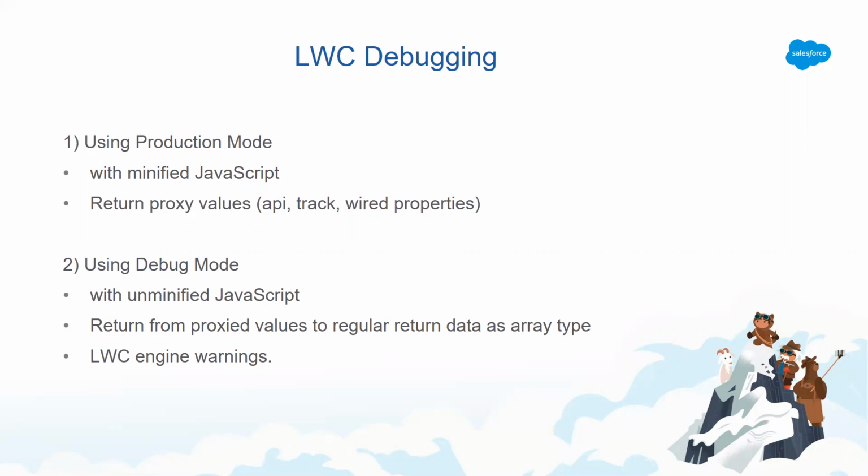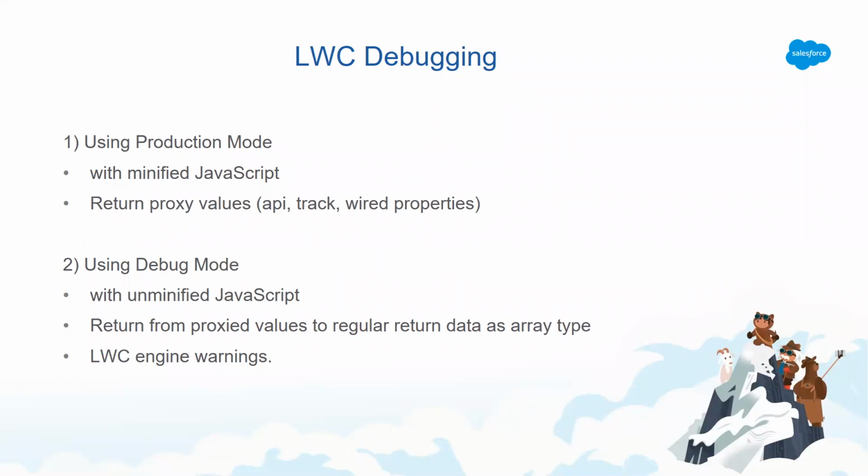In the production mode, the JavaScript file will be the minified version, and the returned values of all the API, track or wired properties will be proxy values. In order to identify the values, you need to do JSON stringify to get the result.